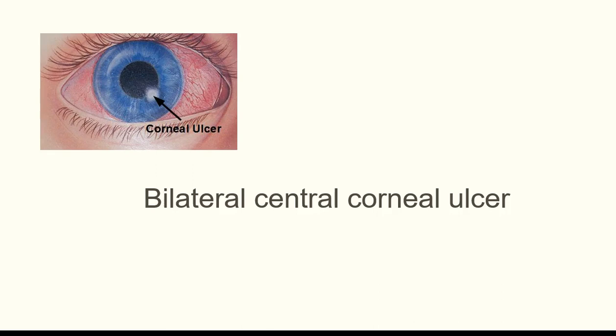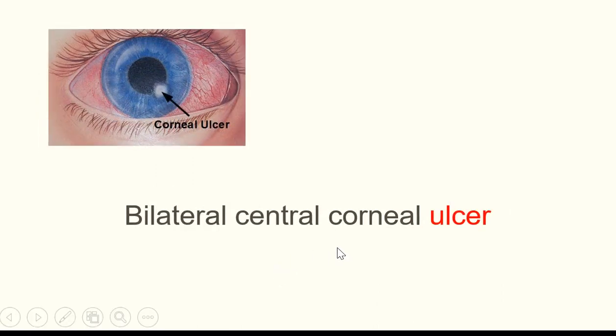Corneal, it's in the cornea. So the main term in bilateral central corneal ulcer is ulcer. So you would start looking up in your ICD-10 coding manual the main term ulcer, and then look up your subterms.